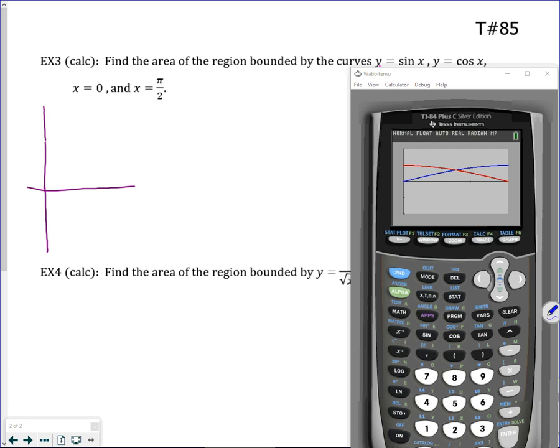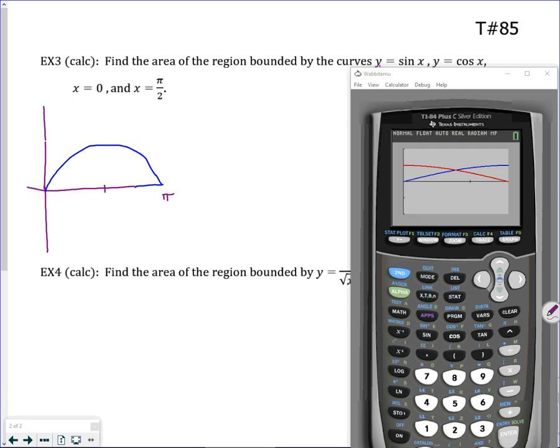Okay, so you have sine coming in, and I'll draw a little more of it than pi over 2 because I'm going to pi. I want to be very clear what the calculator zoomed in on. And then I have cosine. Cosine comes, again, this is actually pi.